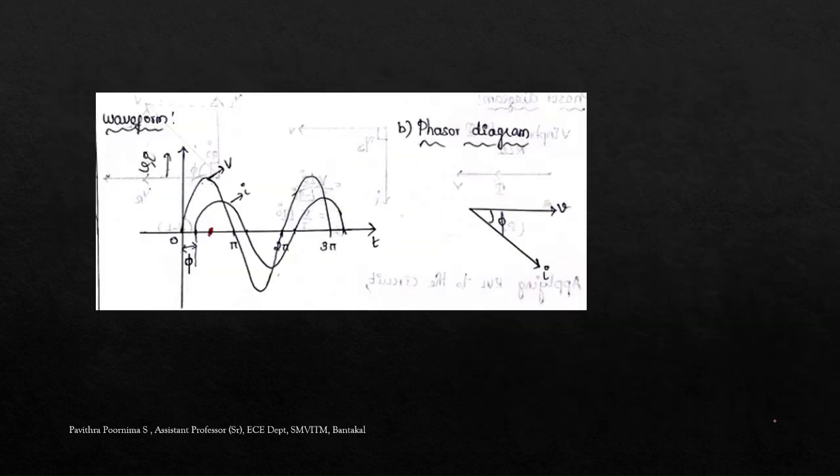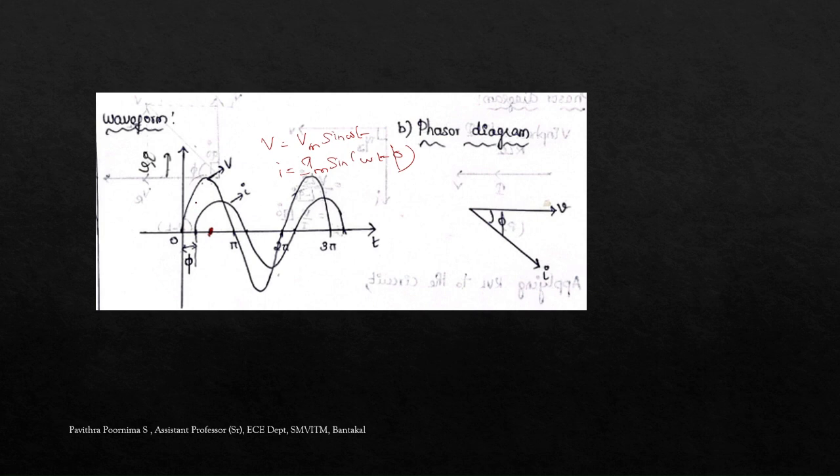And next is about the waveform, the voltage and current waveform. So we know V equal to Vm sin omega t, and I equal to Im sin(omega t minus phi). Current lags voltage by some angle phi. It's not pi by 2.